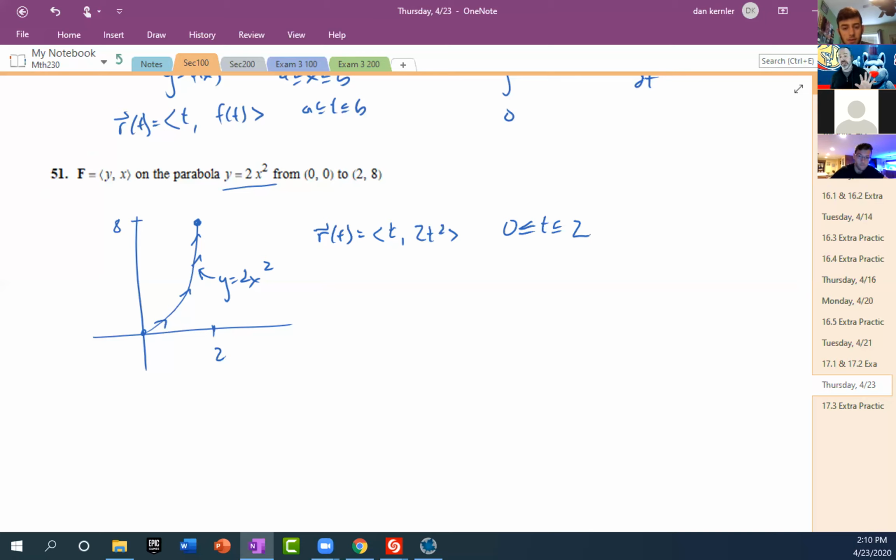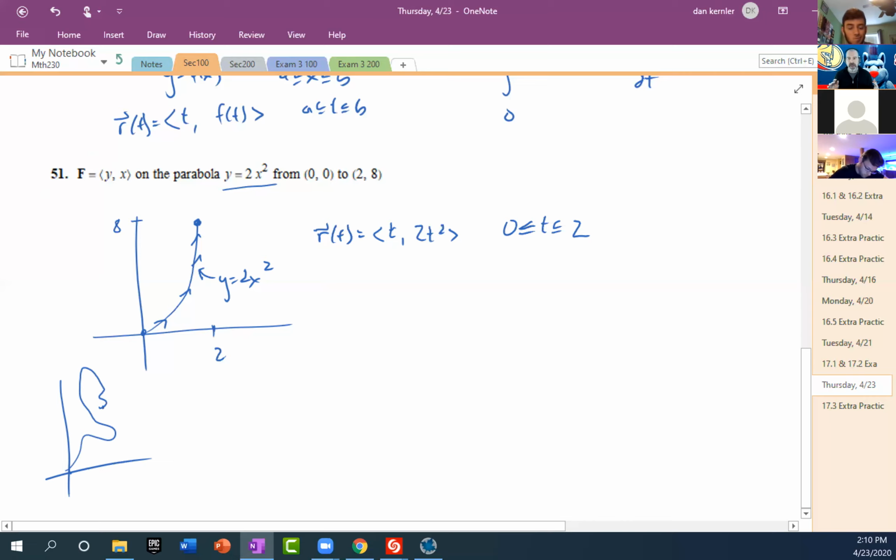Here's the thing: it depends on the field. For some fields, it doesn't matter how you get there, it'll always be the same answer. For other fields, it does matter. The type of field is a conservative vector field, and that's what section 17.3 is about.